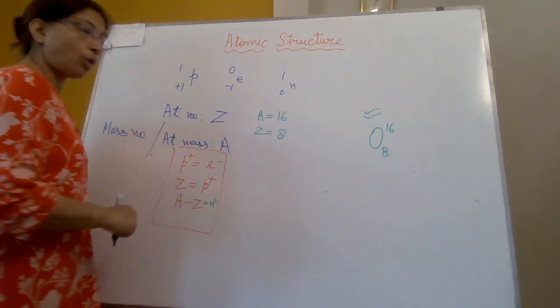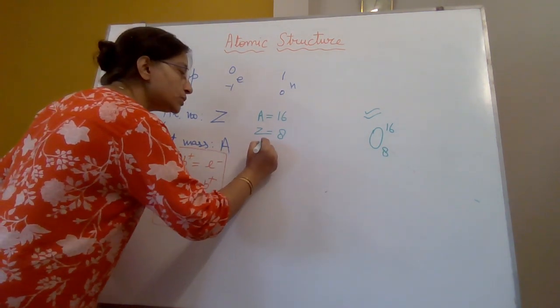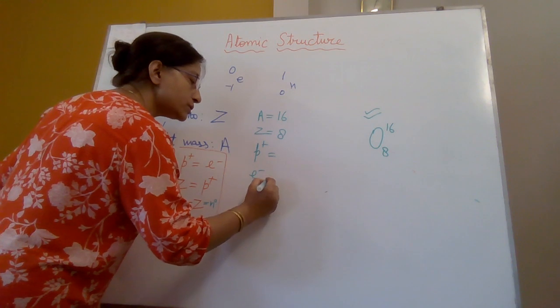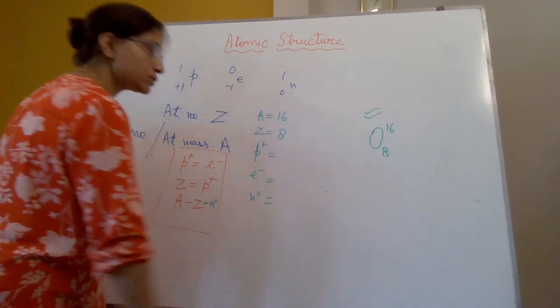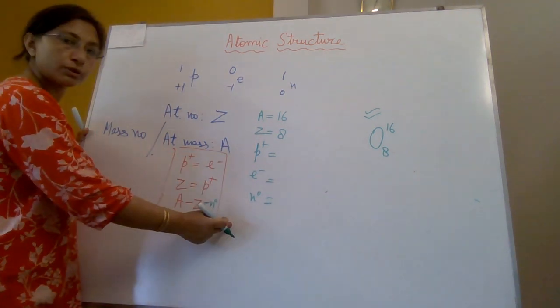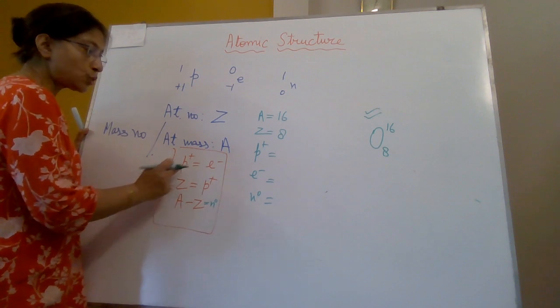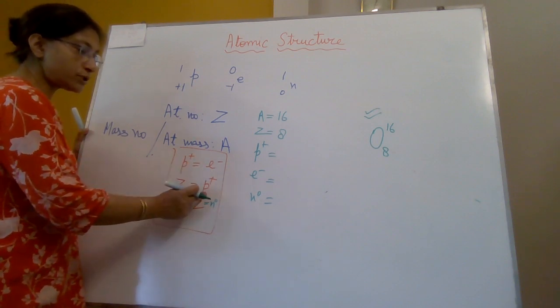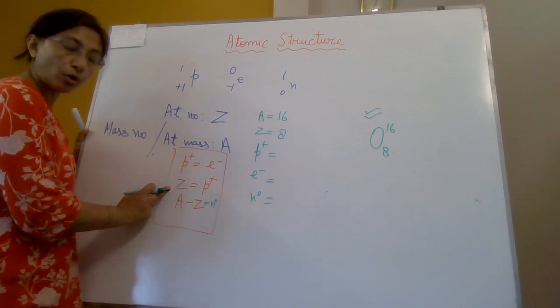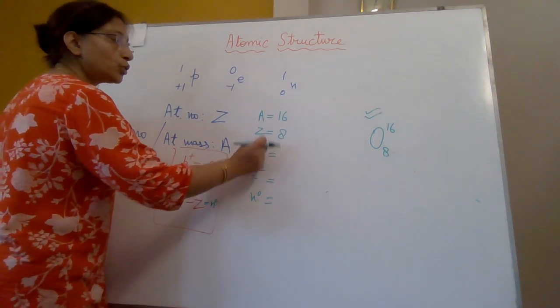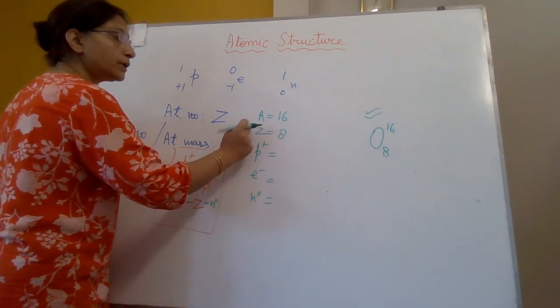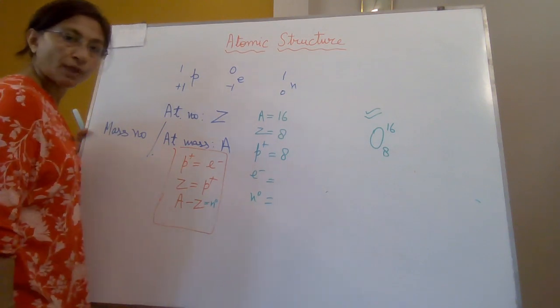Fine. So now what do we do? Protons, electrons and neutrons. To find them out, number of protons is equal to number of electrons, and protons are also equal to the atomic number. So protons are 8, the atomic number is 8. Fine.